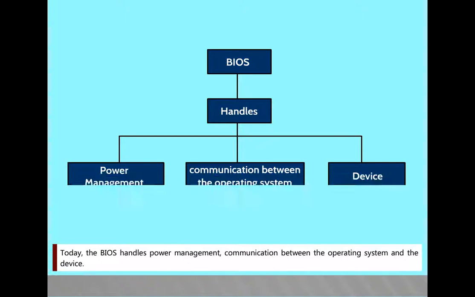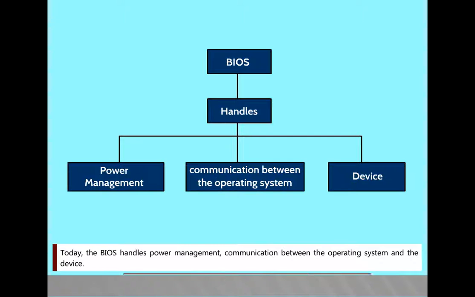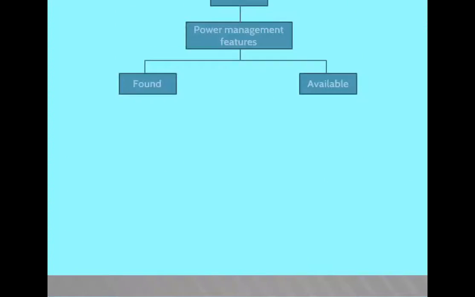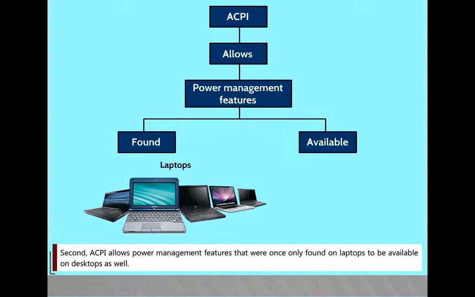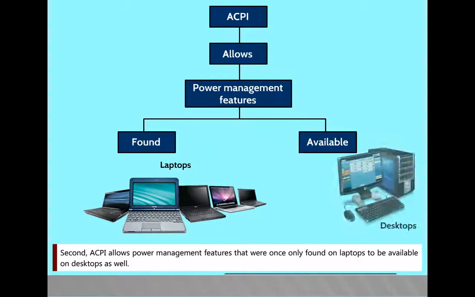Today, the BIOS handles power management communication between the operating system and the device. Second, ACPI allows power management features that were once only found on laptops to be available on desktops as well.